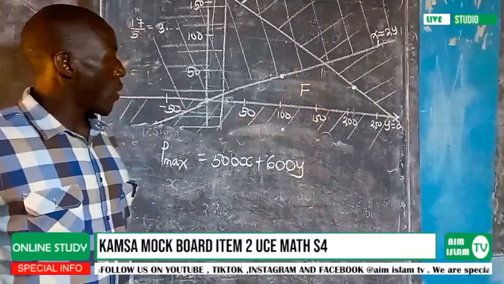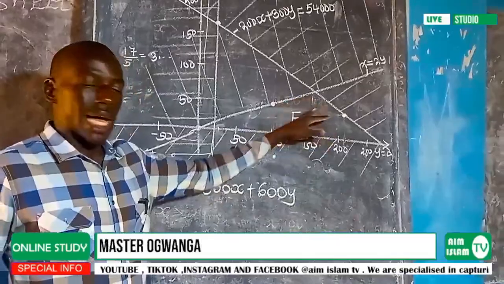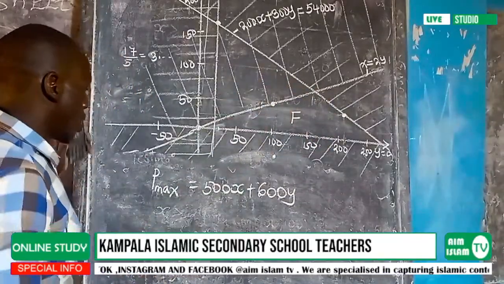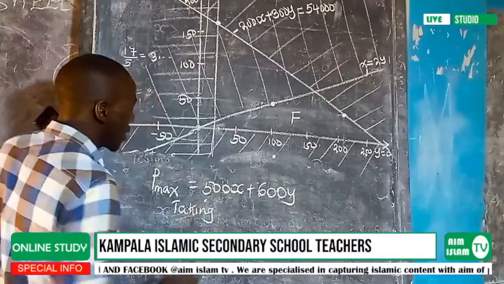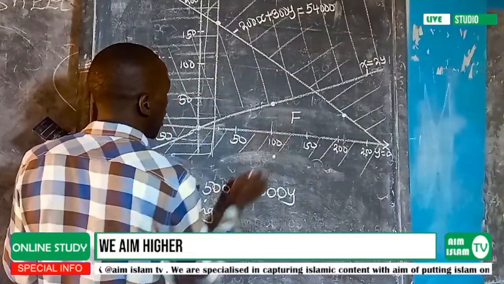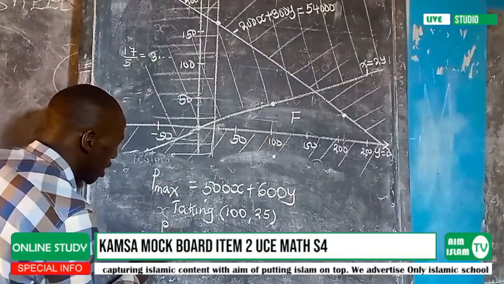3 points to be the maximum. I am going to take only 3 points, which are lying in this region, which is unshaded. Like in the first part, if I take any point here, I'm going to substitute here the maximum.